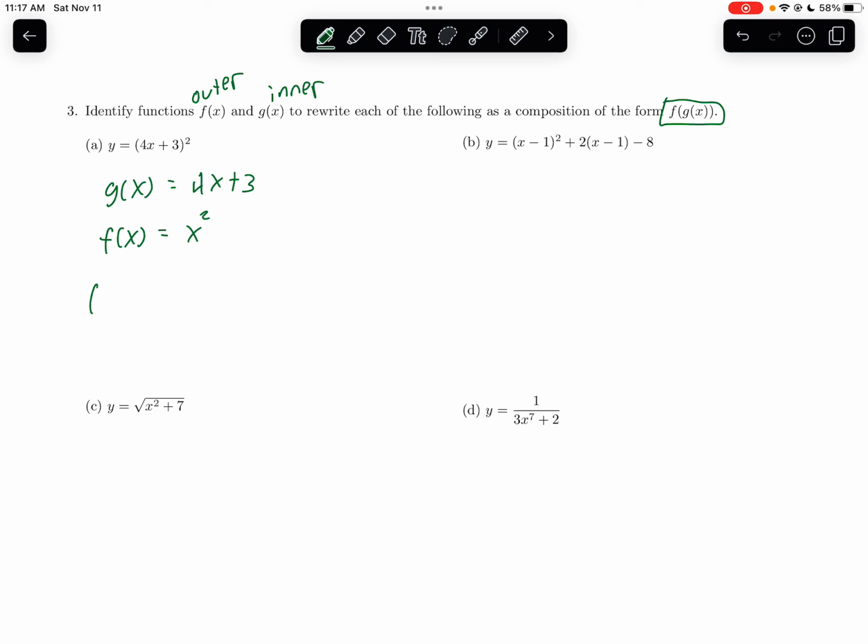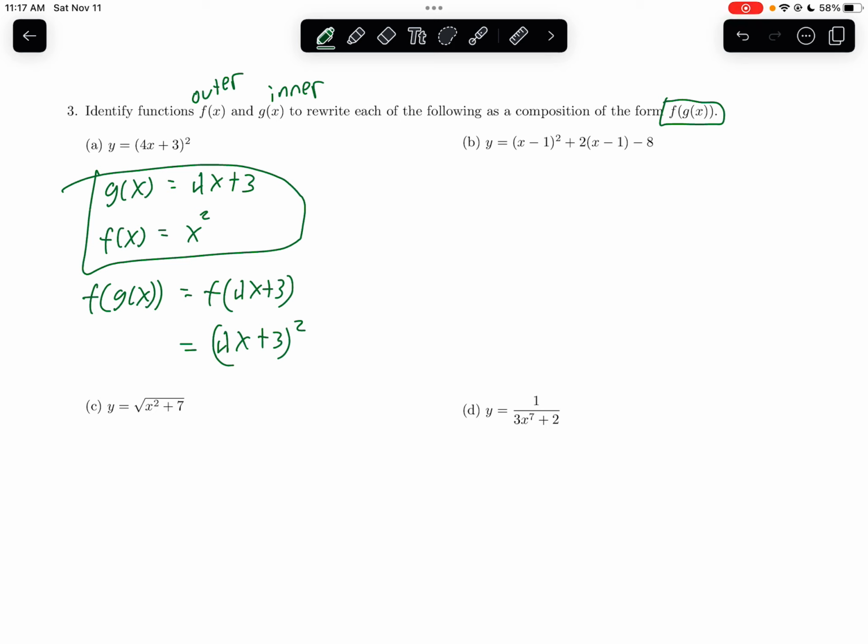And if you compose these, you should get what you started with, f of g of x. Well, g is 4x plus 3, and you can see that this works, because if you put 4x plus 3 into f, where f is the squaring function, you get (4x plus 3) squared, and that checks out. So these would be your two answers.